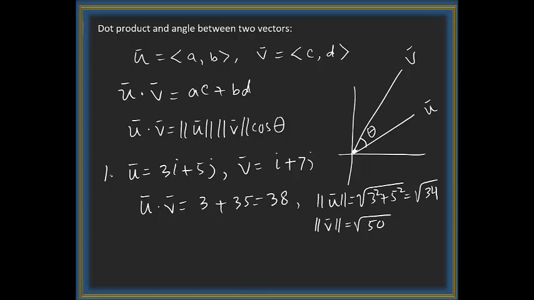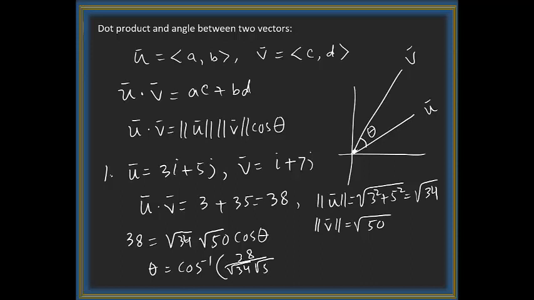Then we can say our dot product is 38, so we write here equals the magnitude of U, radical 34, times the magnitude of V, radical 50, times cosine theta. So then theta will be cosine inverse of 38 over radical 34 radical 50.